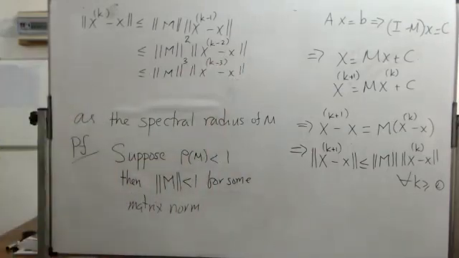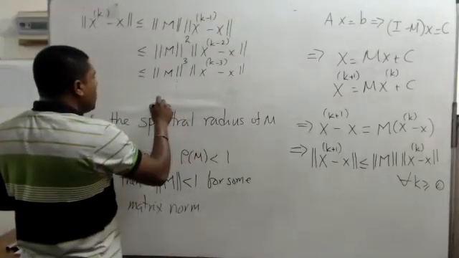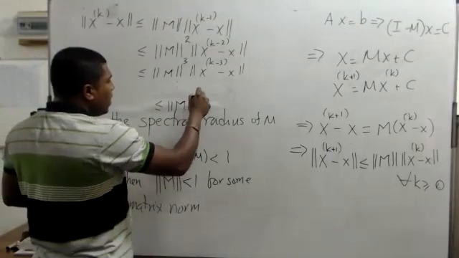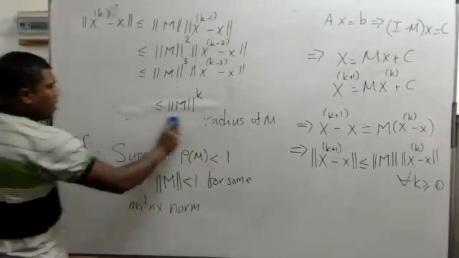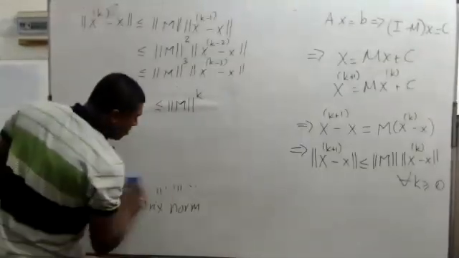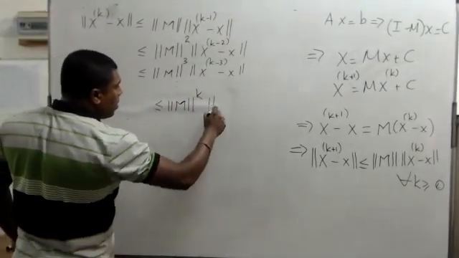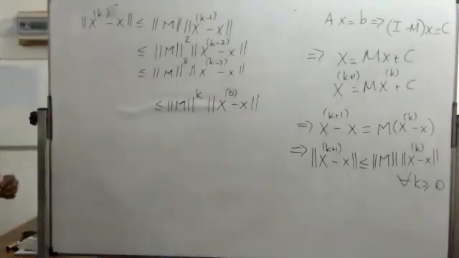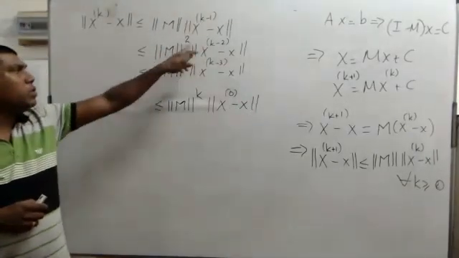So now you keep on continuing this. When you continue this, at some point you will get M to the power k times ||x_0 - x||. When you have M to the power 1, you have k minus 1. M to the power 2, k minus 2.